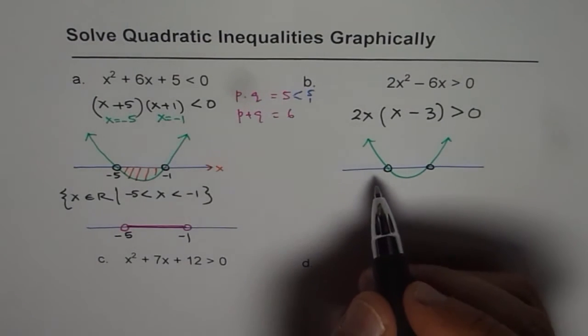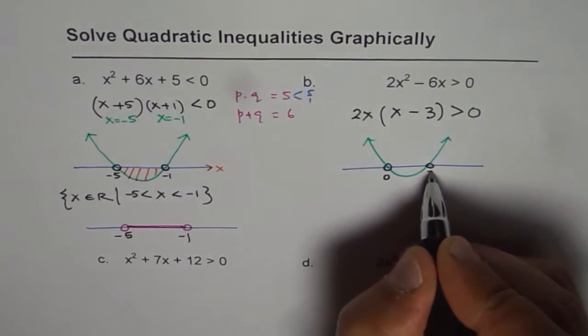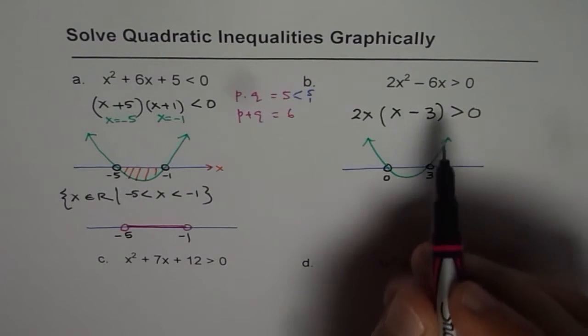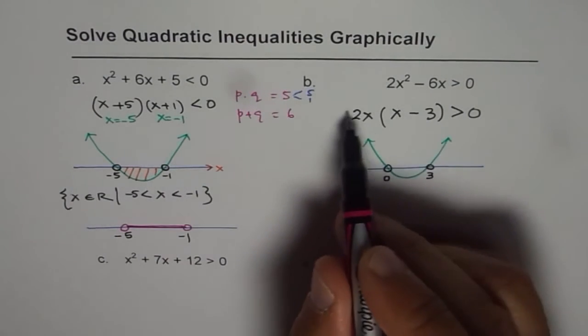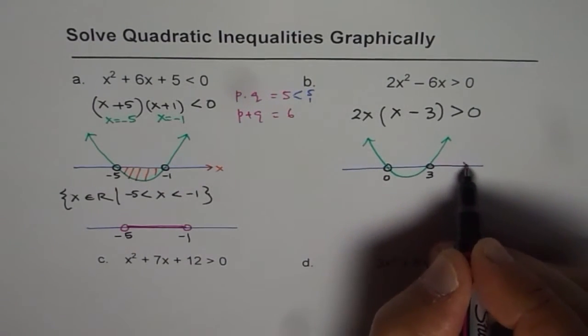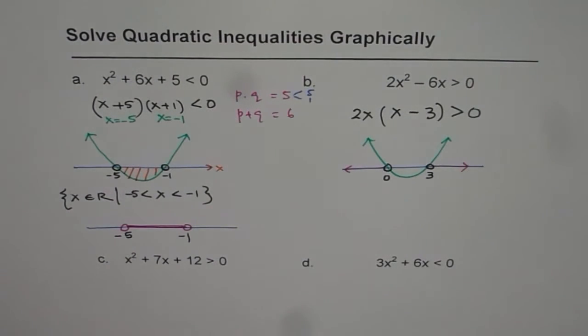Now these holes are at 0 and plus 3. Now what are we looking for? We are looking for quadratic expression greater than 0. So greater than 0 is from minus infinity to 0 and from 3 to infinity. So that is the part of solution which we are looking for.